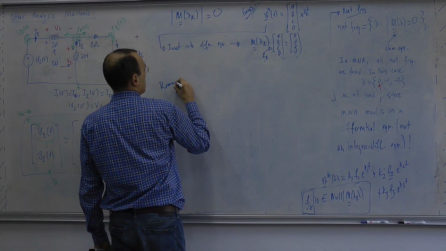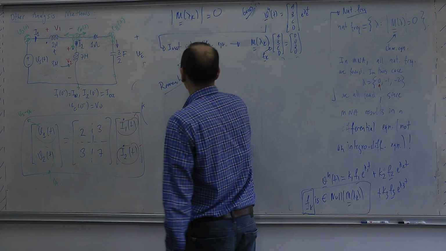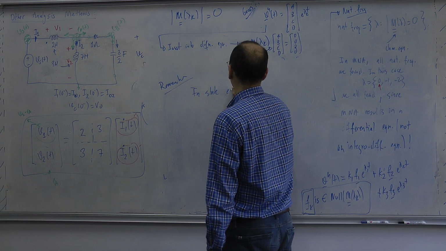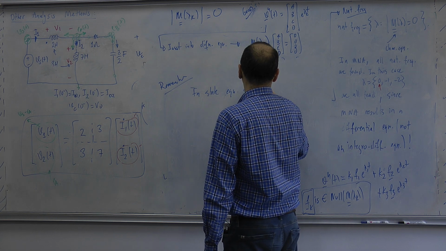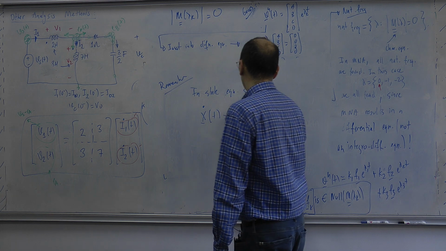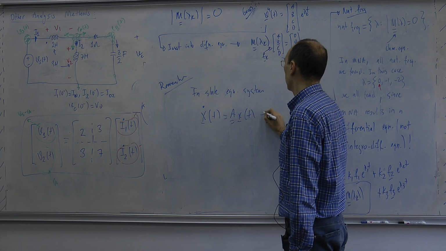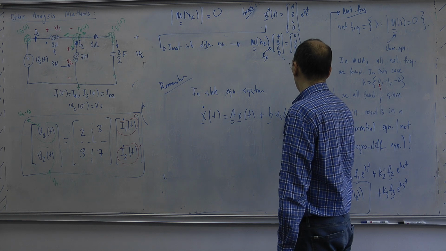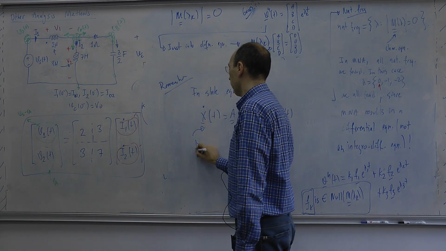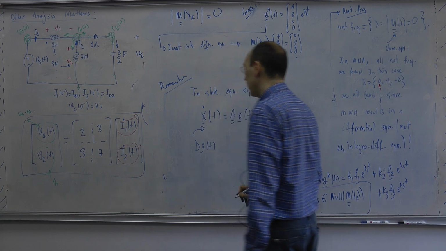Remember, in the state equation system, we have x dot of t equal to A times x of t plus B times s of t, or I can write this as D times x of t.